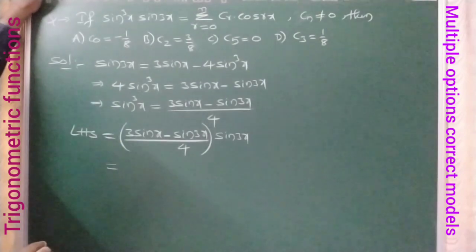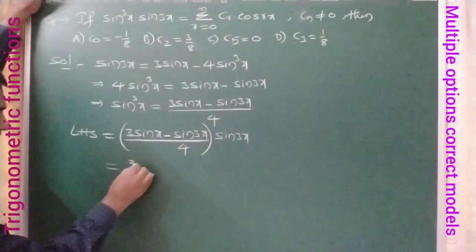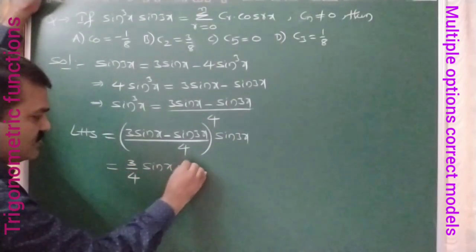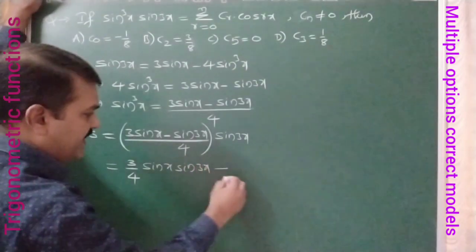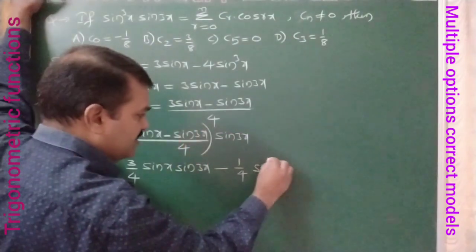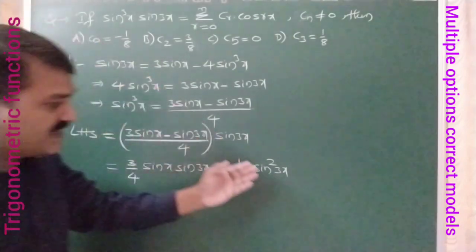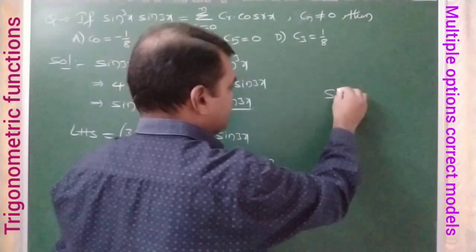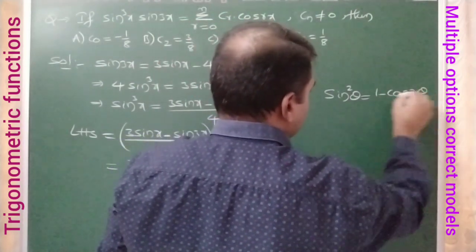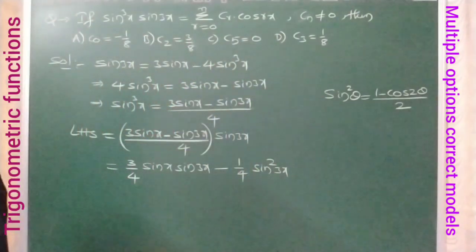Now sin 3x is multiplied to these two terms, so we will get 3 by 4 sin x into sin 3x minus 1 by 4 sin 3x into sin 3x, that is sin square 3x. For sin square 3x, we can use the formula: sin square theta can be written as (1 minus cos 2 theta) by 2. These are multiple and submultiple angle formulas.